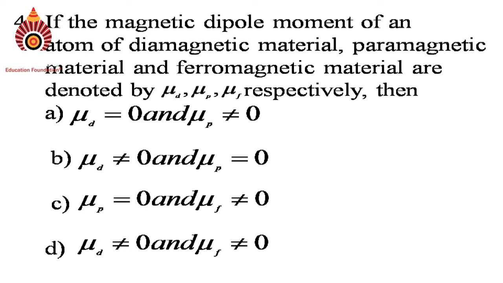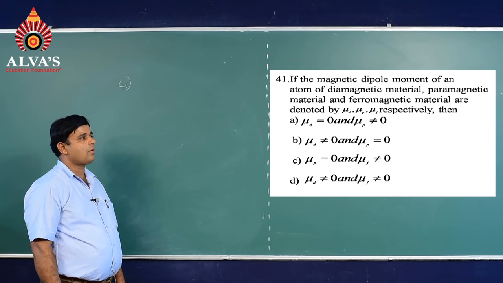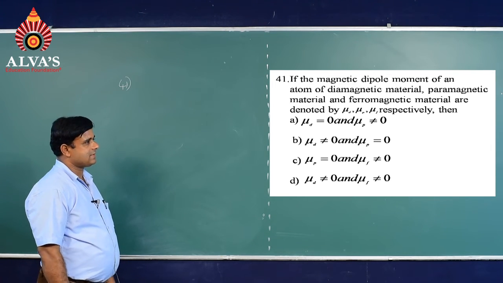If the magnetic dipole moment of an atom of diamagnetic material, paramagnetic material and ferromagnetic material are denoted by mu d, mu p, mu f respectively, then in case of diamagnetic material there is no permanent magnetic dipole, so the magnetic dipole moment is 0.